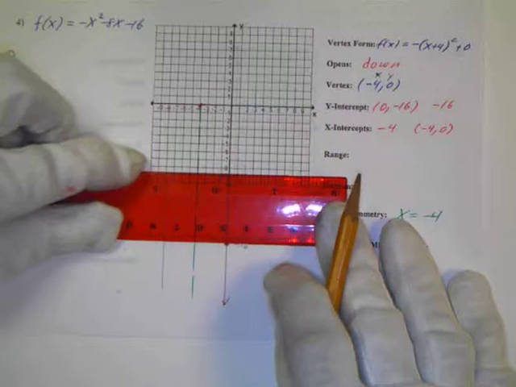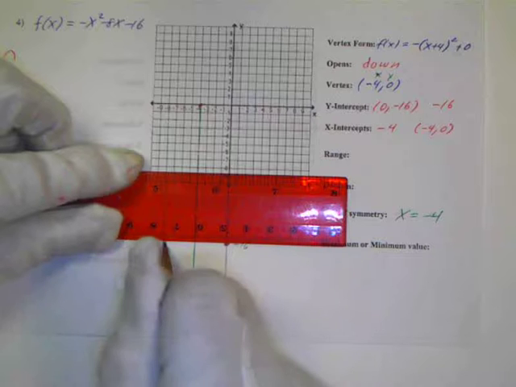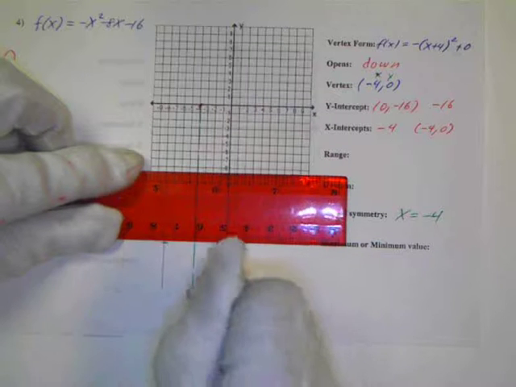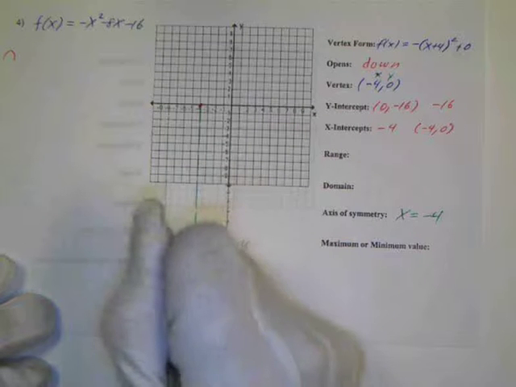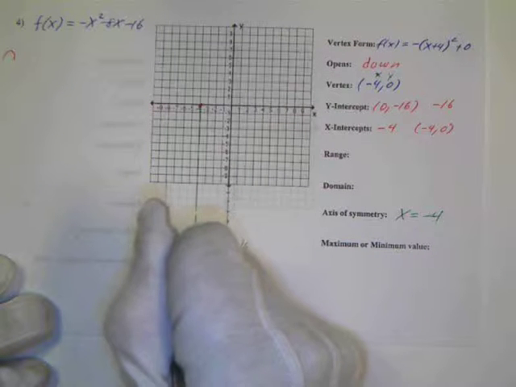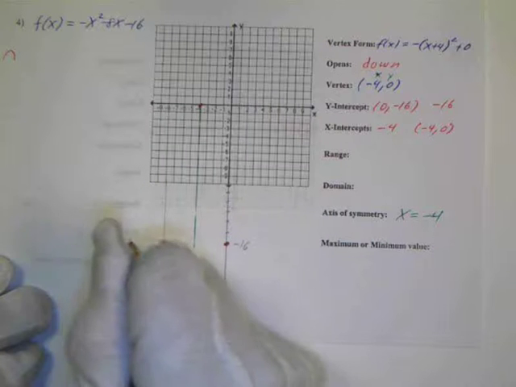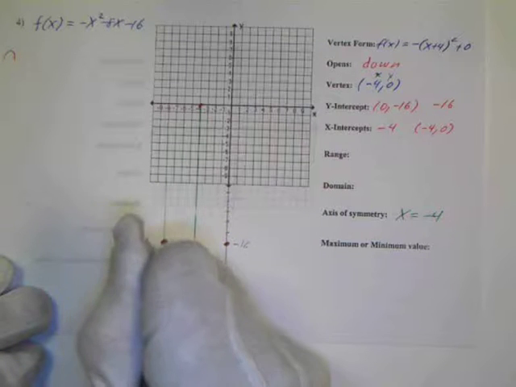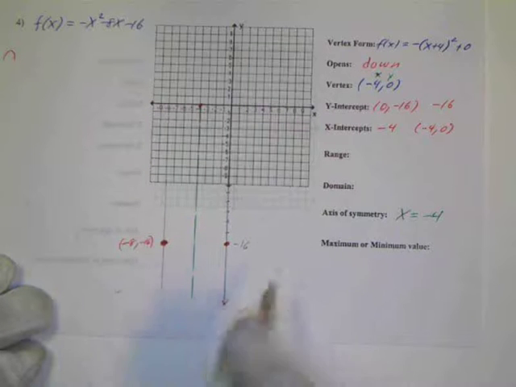Gauge it off of this line here, so these lines are parallel, and then I can see that there's my symmetrical point right there. Something like that. And there's my point that's symmetrical to the y-intercept. All right? And that's going to be -8, -16. And now I've got 3 points so I can sketch it.